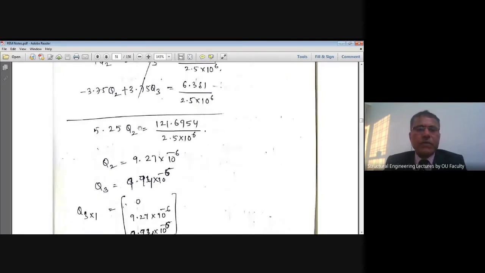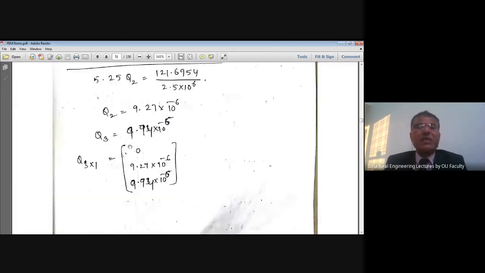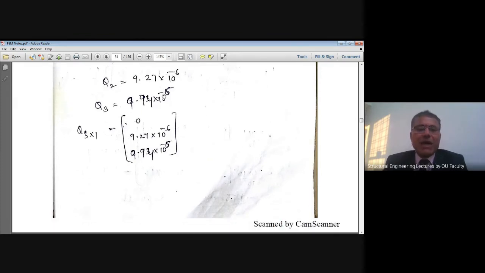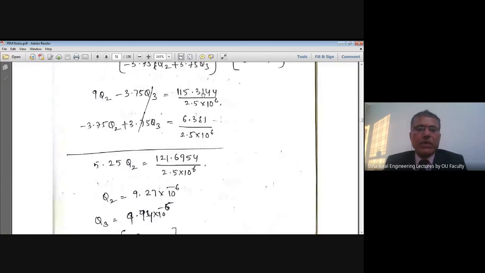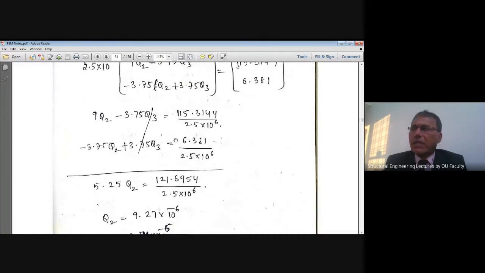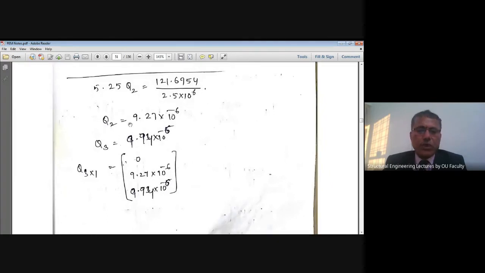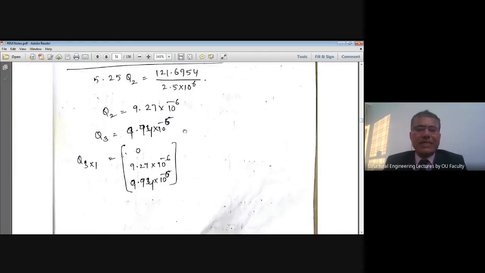Solving these two simultaneous equations, students, now I'll get the displacement Q2 equal to 9.27 10 to the power minus 6 inch. Very small value. Back substituting that in either of the two equations, I'll get Q3 as 9.94 10 to the power minus 6 inch.